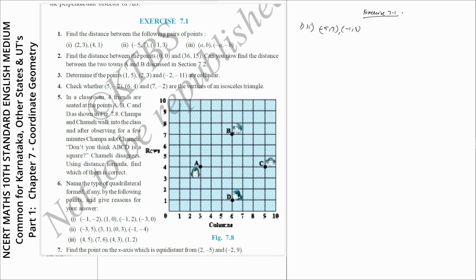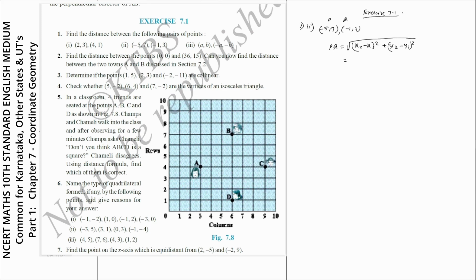Exercise 7.1, question number 1, sub question 2. Points are (minus 5, 7) and (minus 1, 3). So first point I'll take as P, second point I'll take as Q. Therefore distance between P and Q is given by, first write the formula, that is x2 minus x1 the whole square plus y2 minus y1 the whole square.